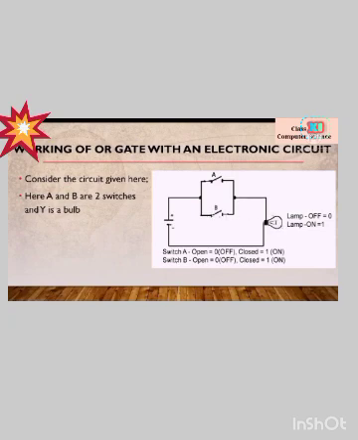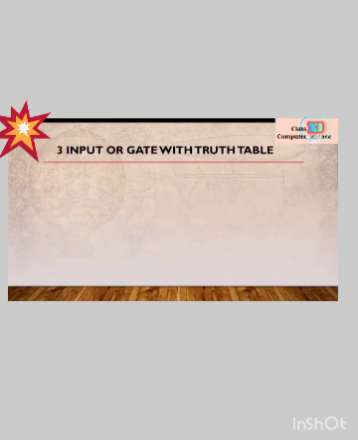If you put on either one of the switches, the lamp will turn on. This is the purpose of the OR gate. Either one of the inputs can be on, then the output will be on, or both the inputs can be on. That means both the switches can be on for making the lamp on. This is the working condition of the OR gate.